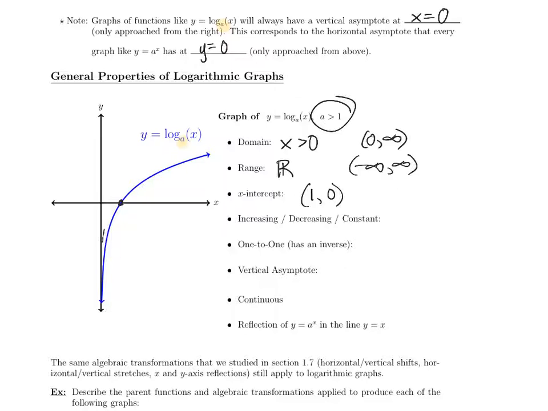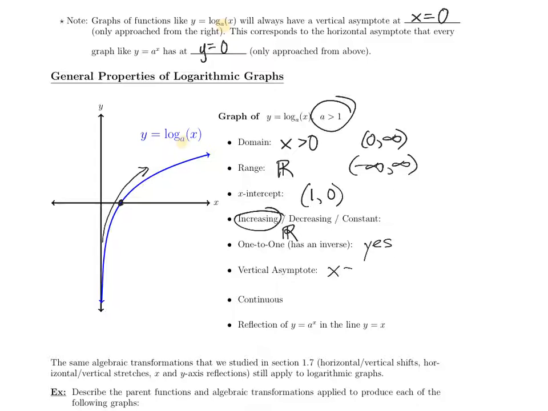And if we walk along this function from left to right, we notice that we're going up, so therefore this is increasing for all real numbers. This is 1-to-1 because it passes the horizontal and vertical line test, and in fact we know that its inverse is y equals a to the x.